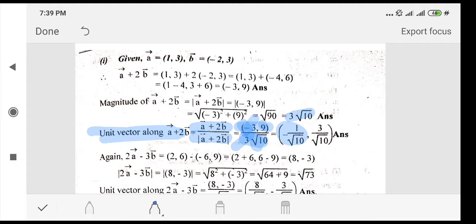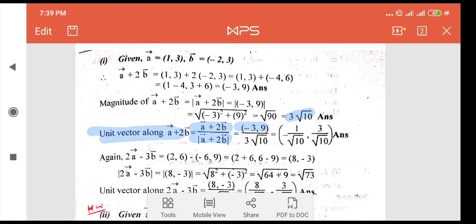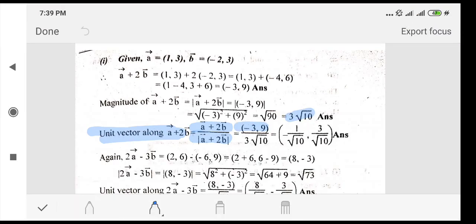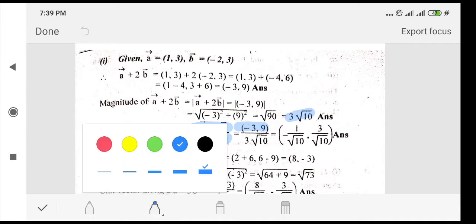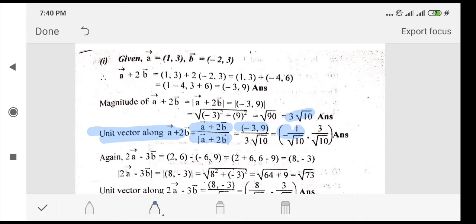Then 9 upon 3 root 10, cancelling 9 and 3, gives 3 upon root 10. So the unit vector will be (-1/root 10, 3/root 10).